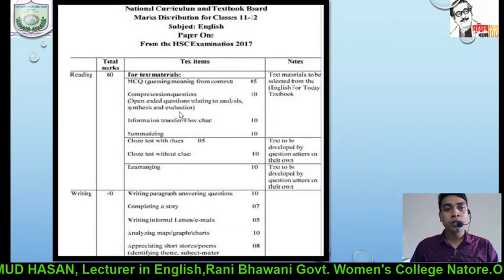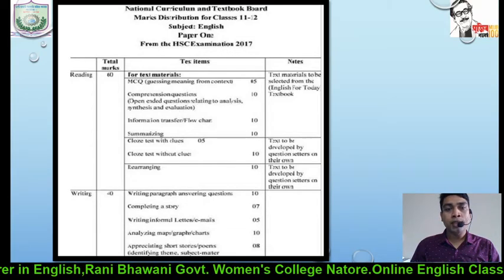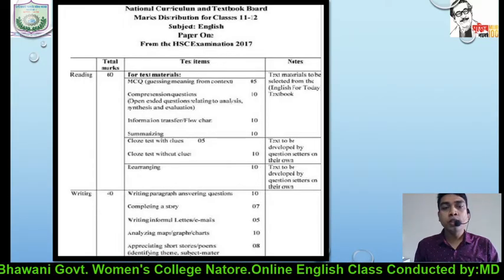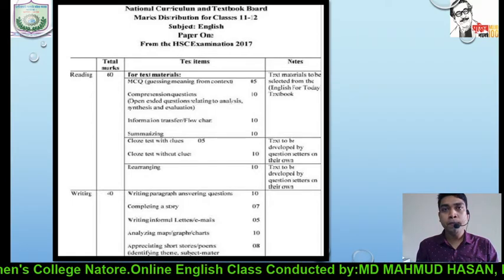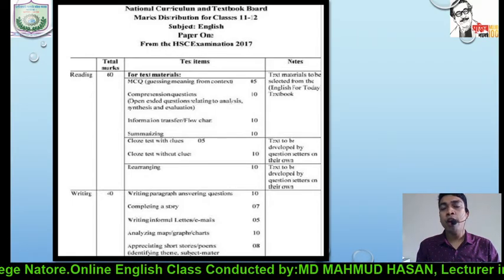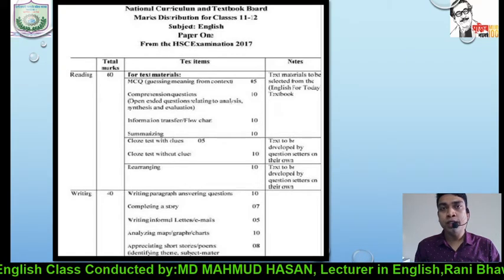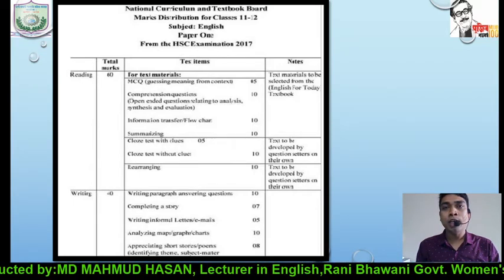Then comes the marks distribution of writing, and it covers 40 marks. The first question item is writing a paragraph, answering questions. That means you will be given 5 questions. Based upon those 5 questions, you need to write a paragraph.